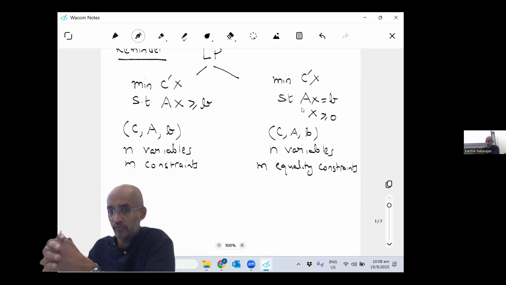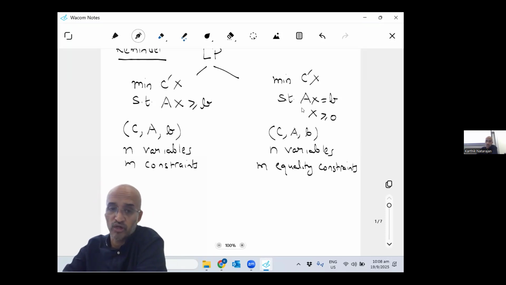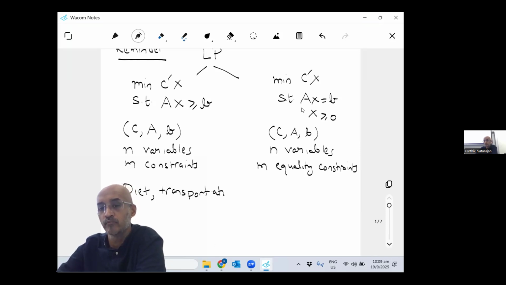We did this last time, and we saw four examples last class. We saw the diet problem, the optimal transport problem, also called the transportation problem, a scheduling problem, and a revenue management problem.